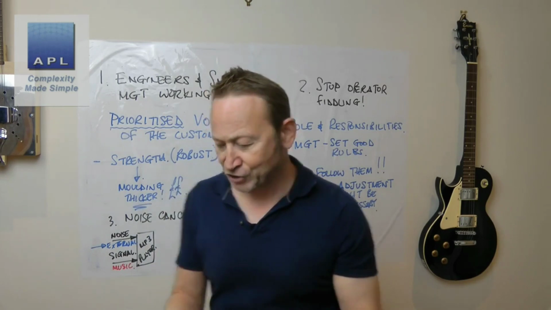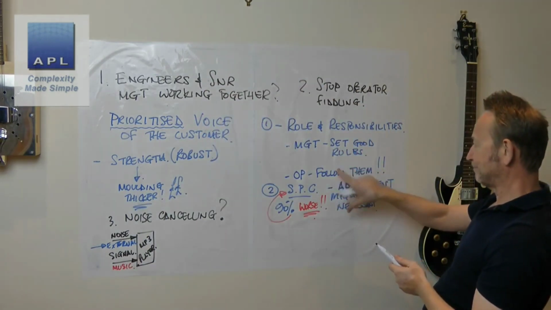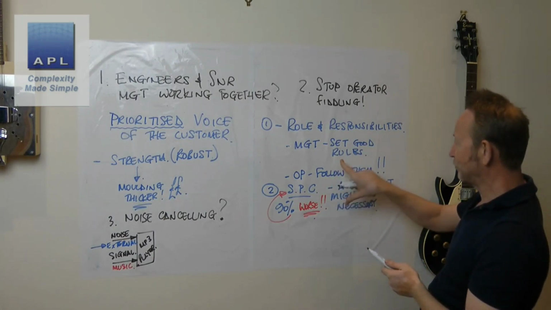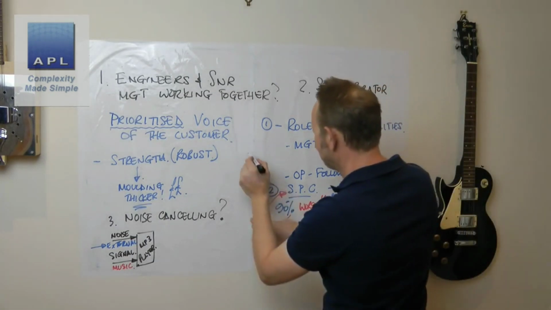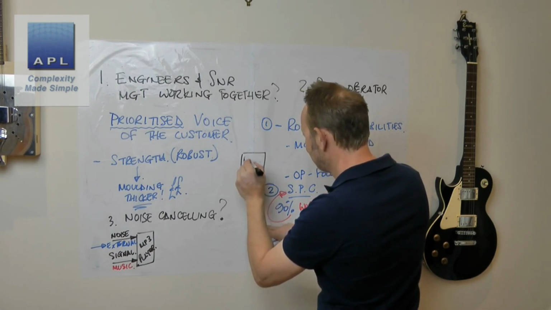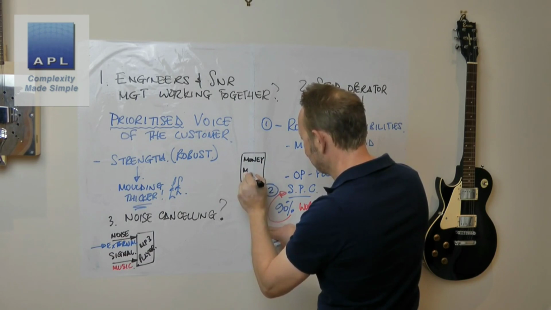Noise cancellation in processes just comes from this. Typically, noise cancellation in processes comes from setting good rules and adhering to them, because you get this. It's very straightforward. You get your money making process.